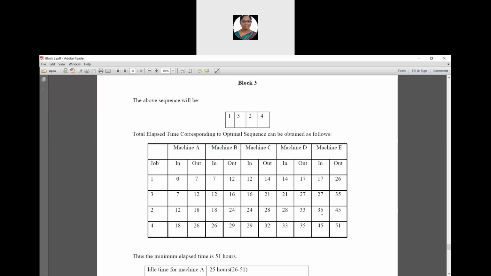So out value is calculated by adding in value plus processing time for second job in machine E. It is 45.